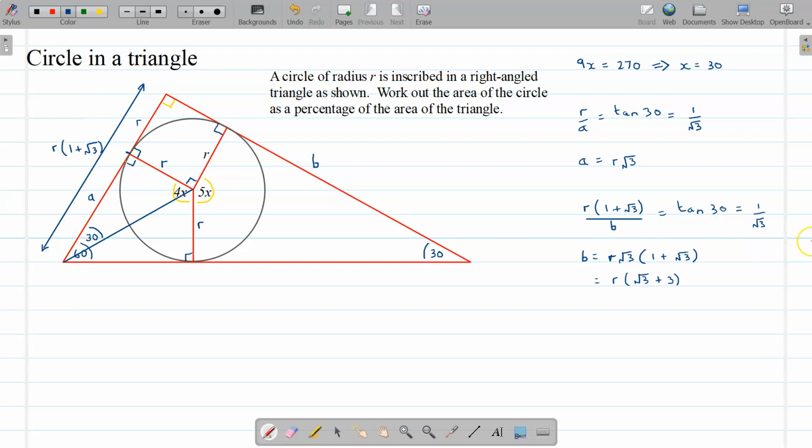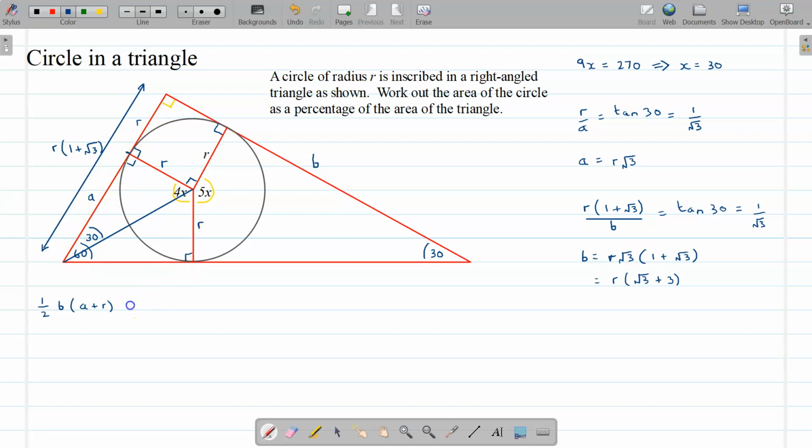So using a simple formula, half base times height, I can work out the area of the triangle in terms of r. Okay, so I'll come over here now. So a half of base times height, and remember the height is a plus r. Okay, that's the height of the triangle.